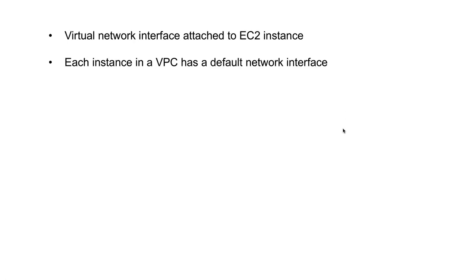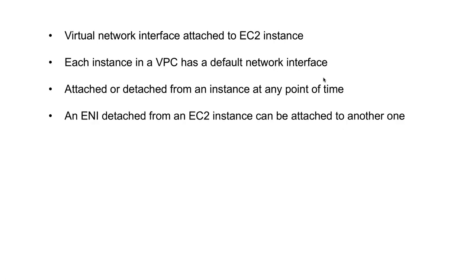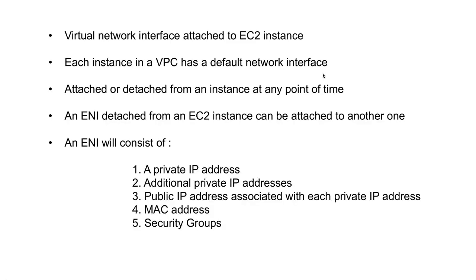And each instance in a VPC has a default network interface. You can attach or detach your instance at any point of time from your instance. An ENI or elastic network interface detached from an instance can be attached to another one in the same availability zone.